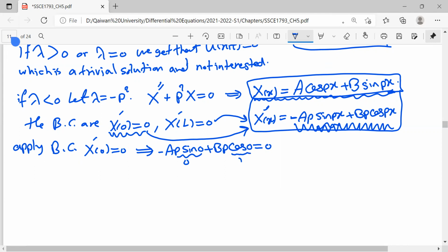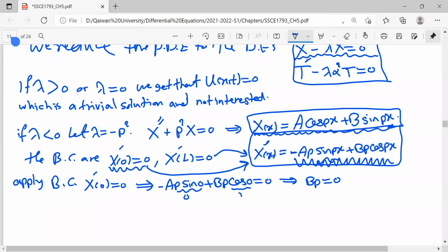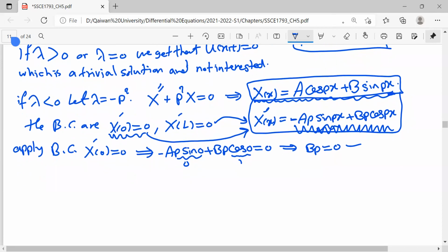Here we get that b p equals 0, and p is not 0. We said that p is a non-zero real value. So from this, b must be 0.